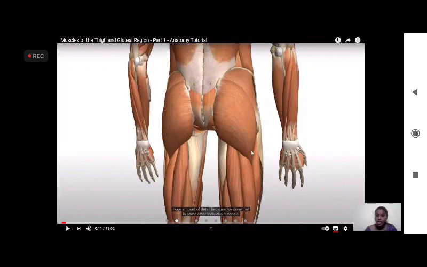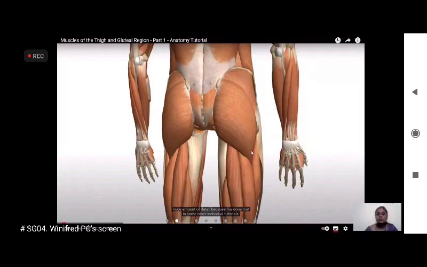Unless we find the weakened muscle, or the muscle that is not producing any particular action, or the muscle which is supporting the weaker muscle, we cannot get the results.